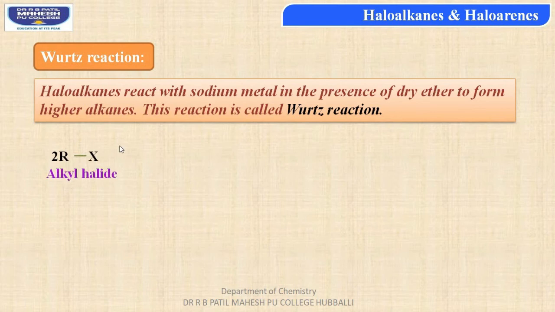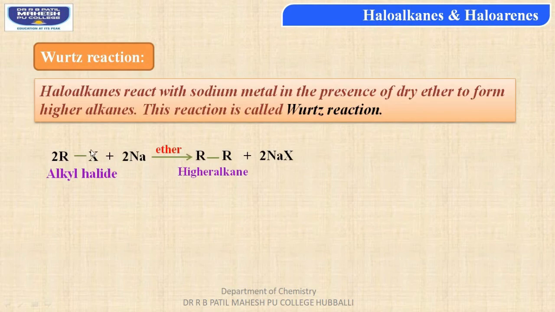When 2 moles of alkyl halide are reacted with highly reactive sodium metal in presence of the solvent ether, students, there is formation of a higher alkane R single bond R, that is an alkane molecule, along with sodium halide.